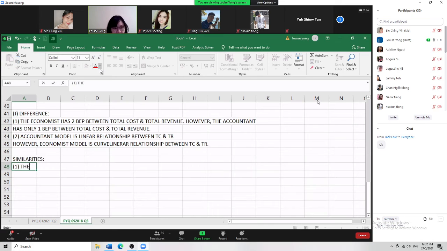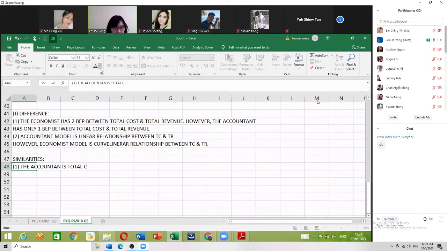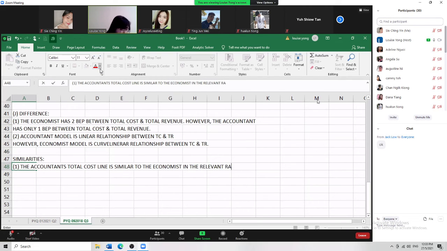So the accountant's model, right? The total cost line is similar, right, to the economics in the relevant range only.